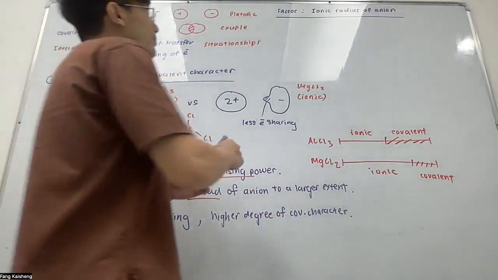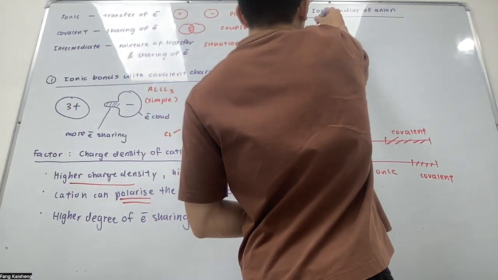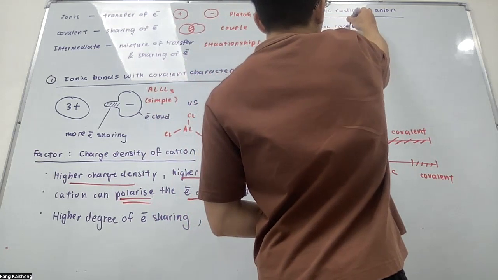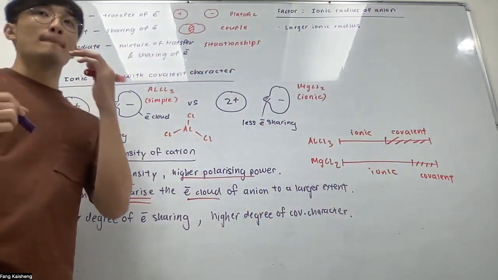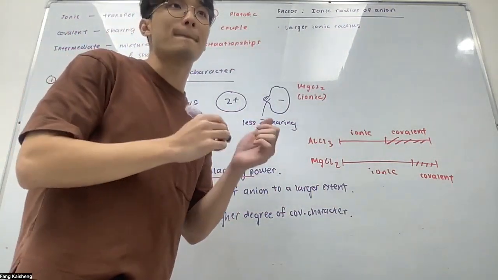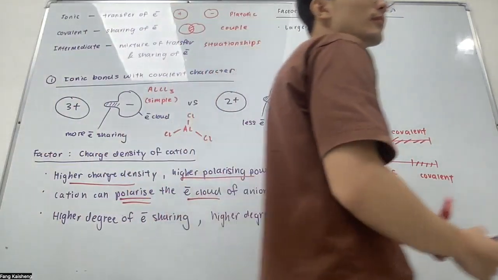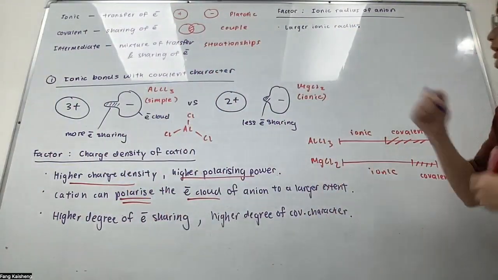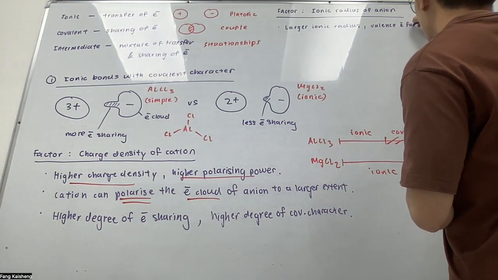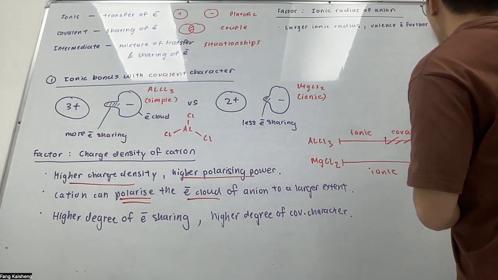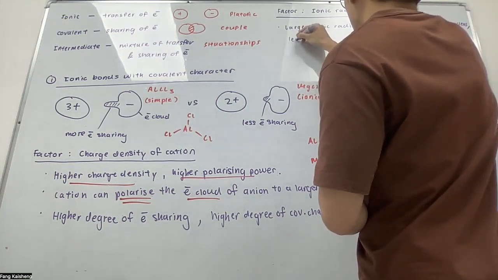What does size mean? I give you a scenario. The larger the ionic radius, are the valence electrons closer or further from the nucleus? Further, right? So if the valence electrons are further from the nucleus, are they more attracted or less attracted to the nucleus?